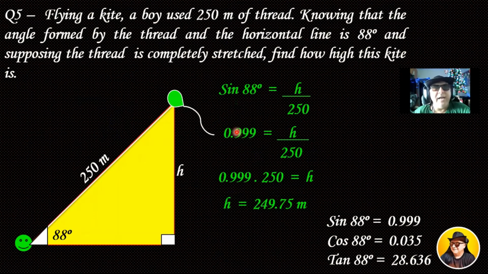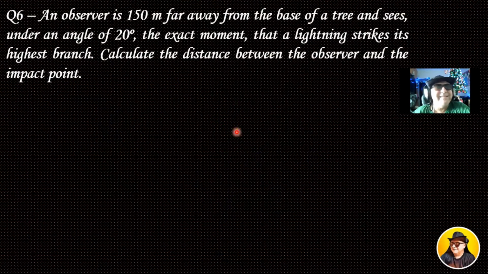All right, let's see our question number 6. I mean, it is the last one. Okay, let's see. An observer is 150 meters far away from the base of a tree and sees, under an angle of 20 degrees, the exact moment that a lightning strikes its highest branch. Calculate the distance between the observer and the impact point.